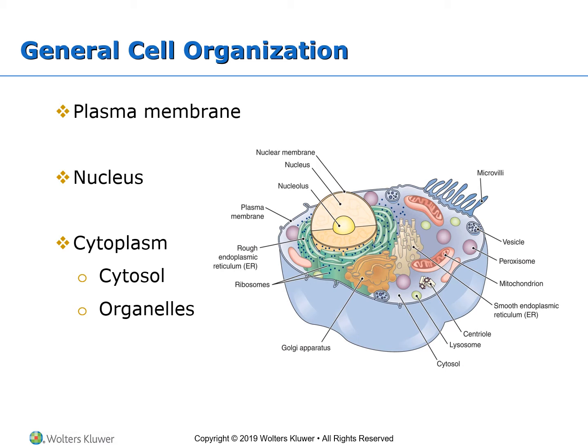Another essential component of the general cell organization is the nucleus. The nucleus is the biggest organelle, the biggest internal structure of a cell. It's surrounded by a membrane called the nuclear membrane that encloses its content.